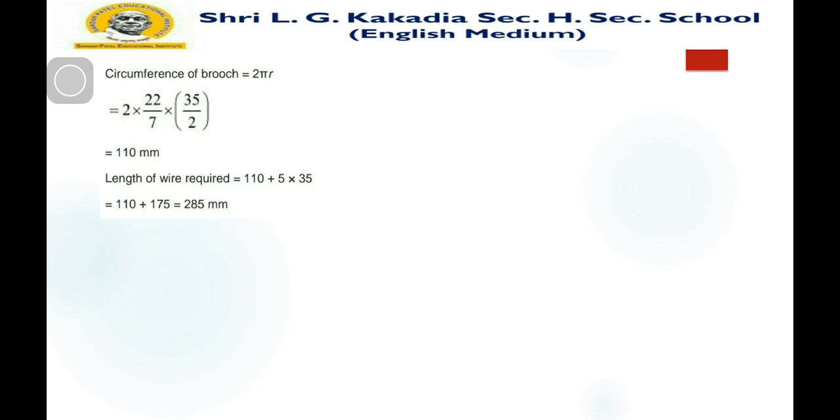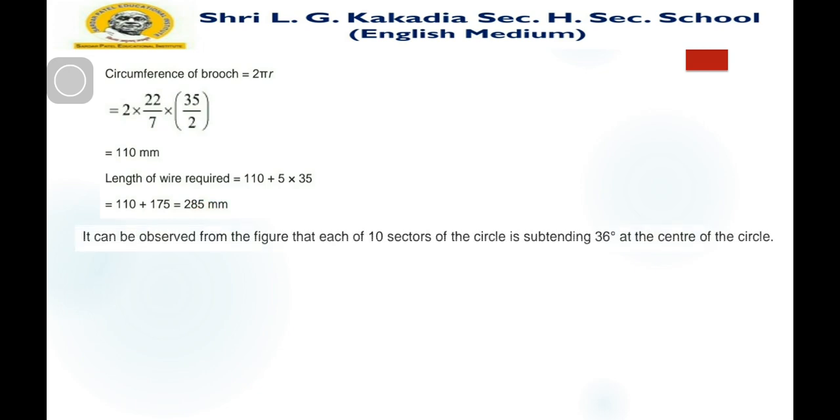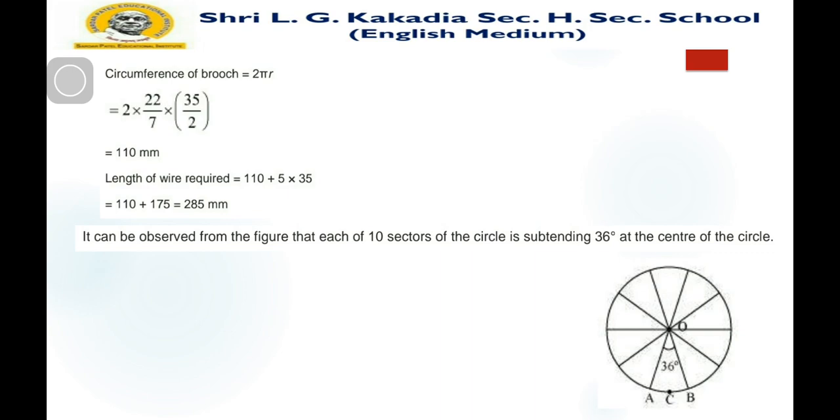Now we want to find the area of a sector. It can be observed from the figure that each of the 10 sectors of the circle subtends 36 degrees at the center of the circle. How?